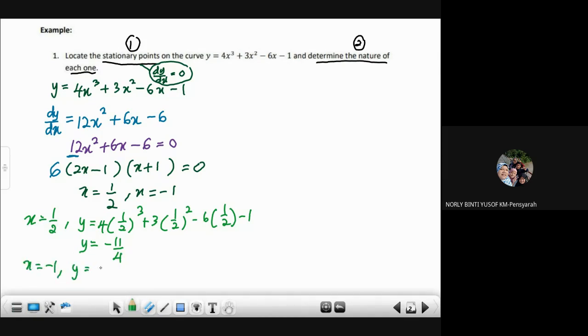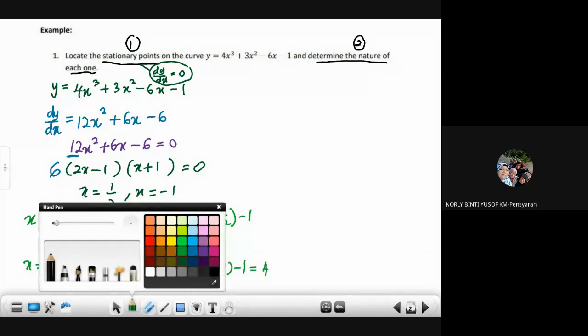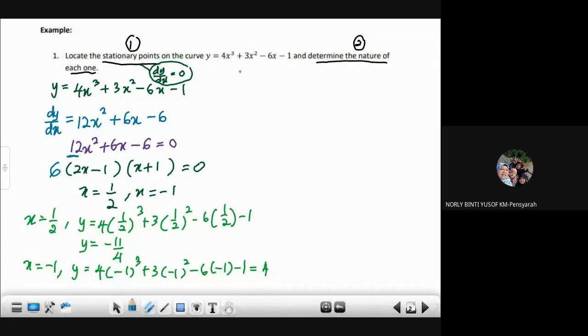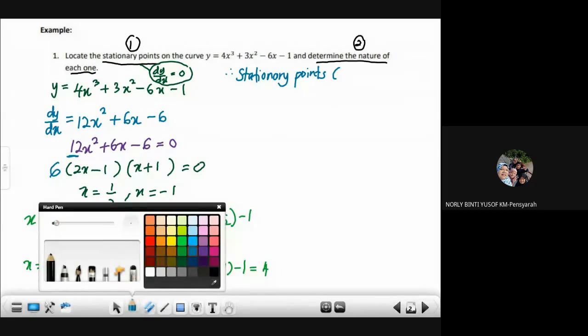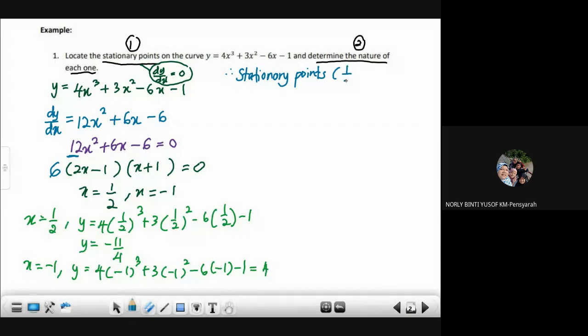You sub in the equation y, you will obtain the value as 4. Okay, so you pun jawablah the first part. Stationary points is half, negative 11 over 4 and comma negative 1, 4.